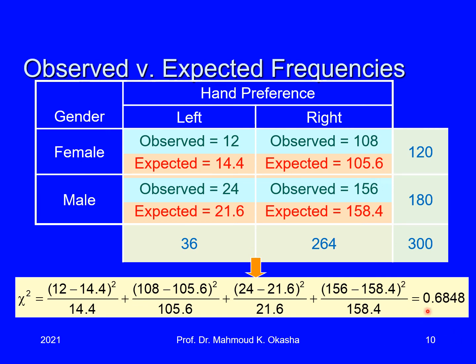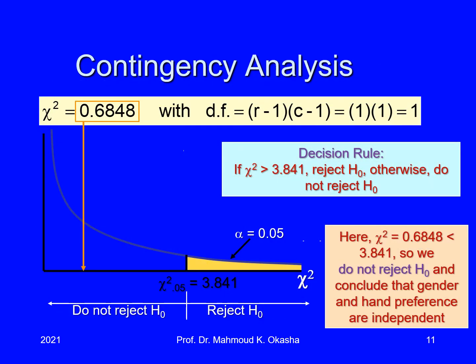We get the sum equals 0.6848. That's the value of the computed test statistic.